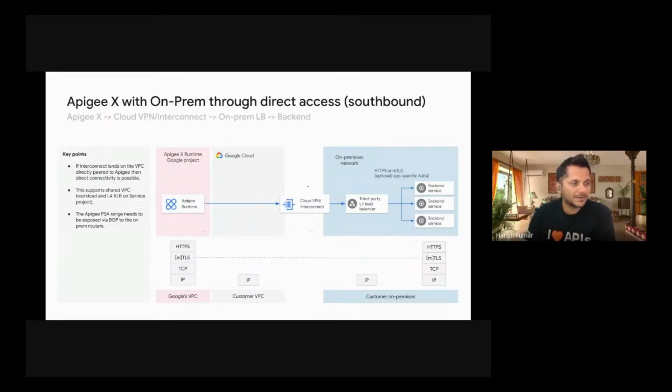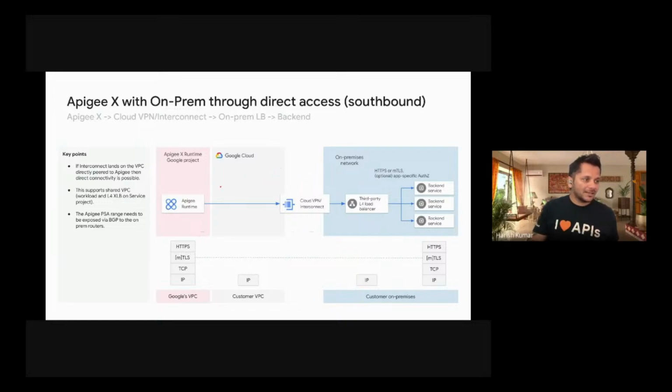This is another scenario where your services are not in Google Cloud or in third-party cloud services. They are running within your on-premise, and your on-premise is protected, it's not directly exposed to internet. So in that scenario, you will have to create a Cloud VPN interconnect to get your on-premises connected to your VPC network in Google Cloud.